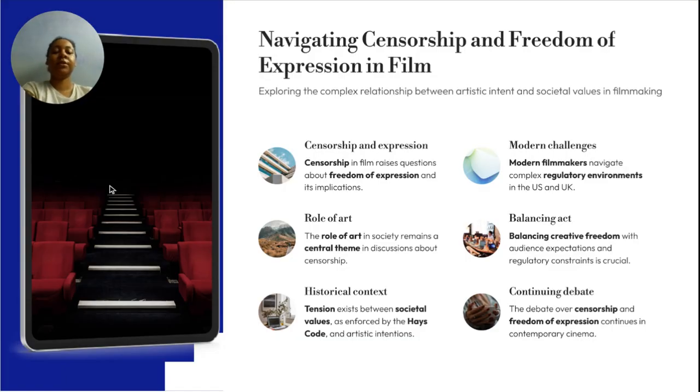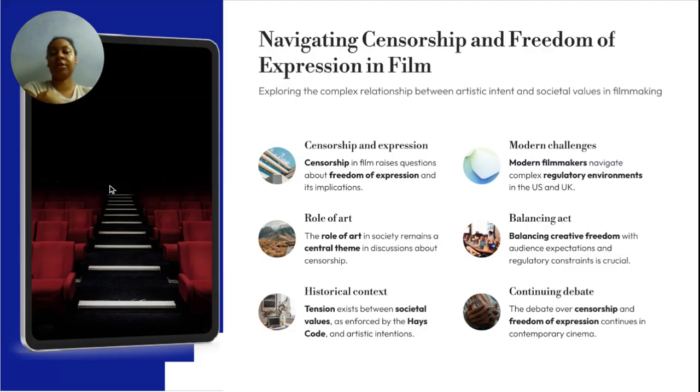Balancing creative freedom with audience expectations and regulatory constraints is crucial. So you have to balance it, just balance it out so it doesn't spark too much controversy and the film will not be censored in certain things.